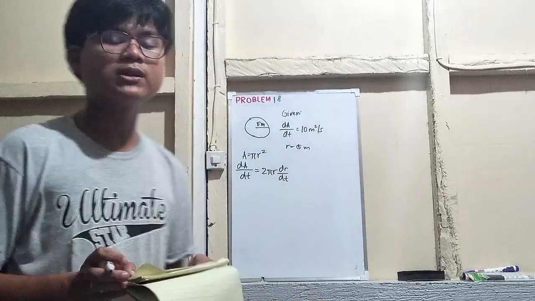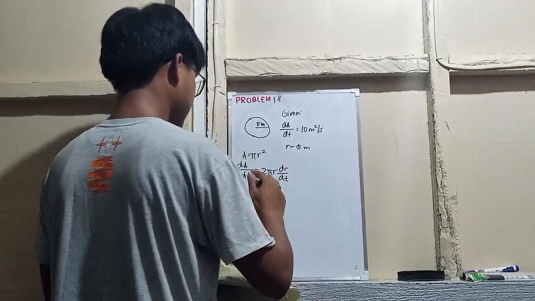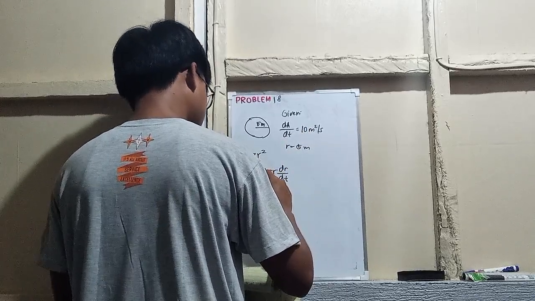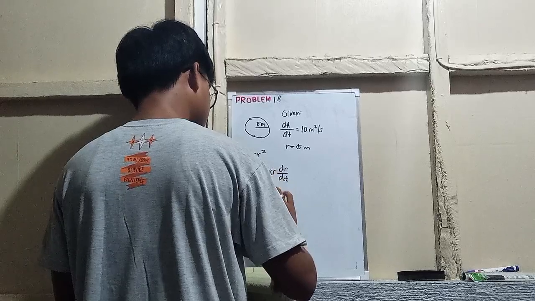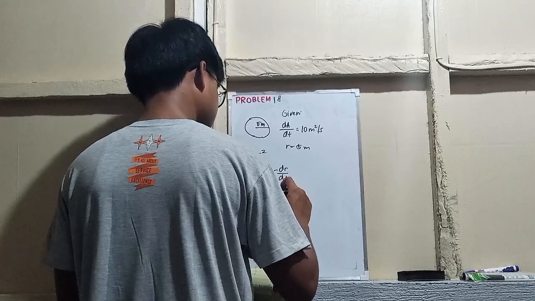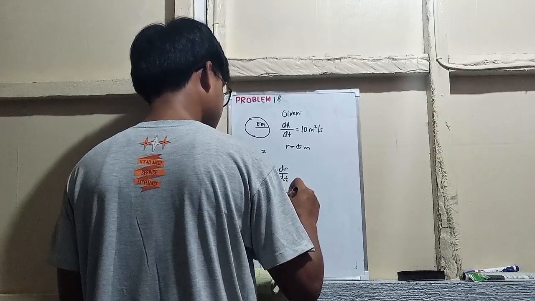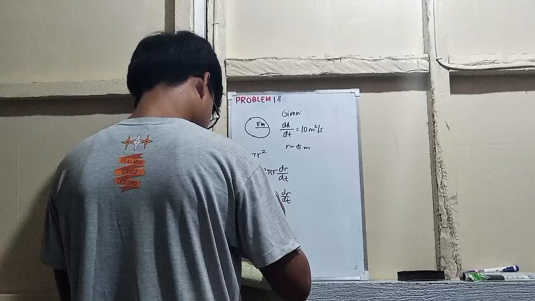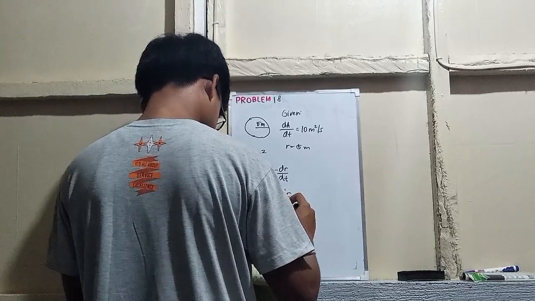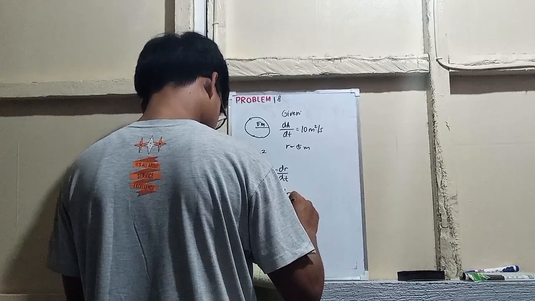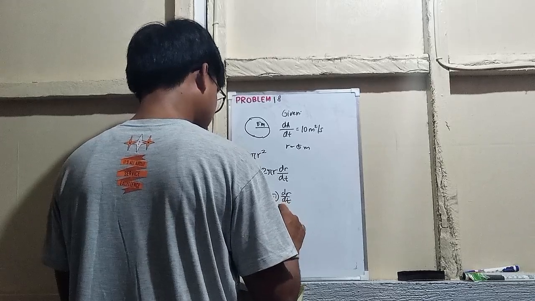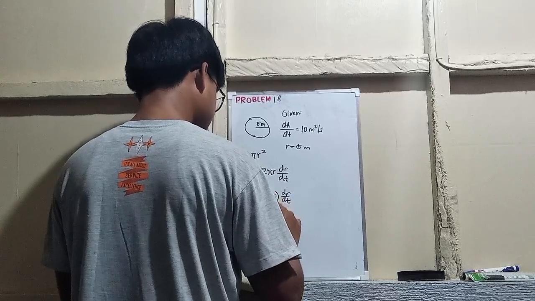And now we'll differentiate the formula, and we have dA over dt equal to 2 pi r dr over dt. So now we will substitute the given into the formula. So dA over dt will have the 10 meters squared per second and our r as 5 meters, and copy the dr over dt and solve. We will have 10 pi dr over dt, then divide both sides by 10 pi, cancel.